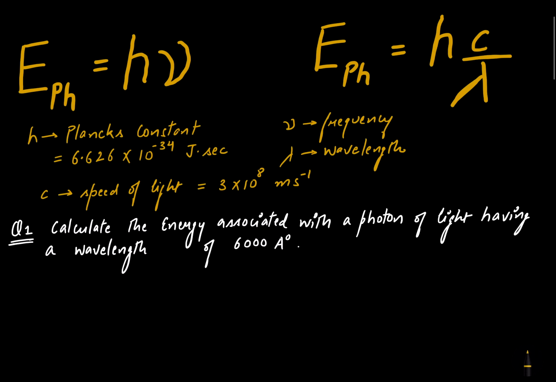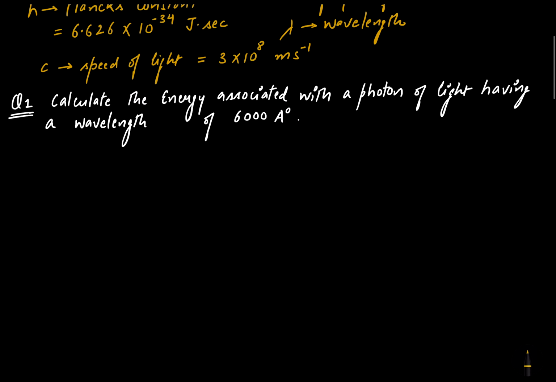Now, question number 1. It says: calculate the energy associated with a photon of light having a wavelength of 6000 angstroms. So the wavelength given here is 6000 angstroms.